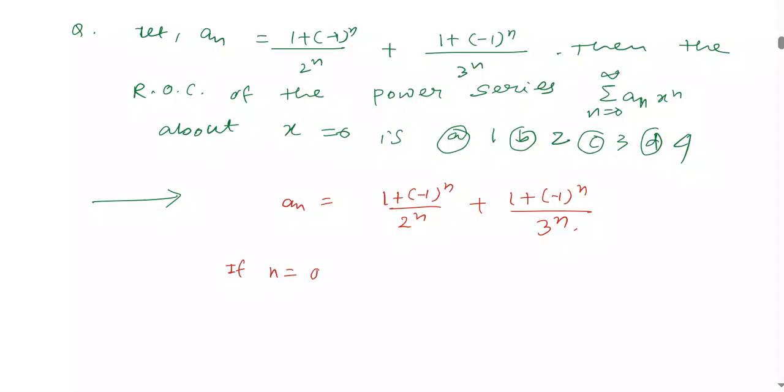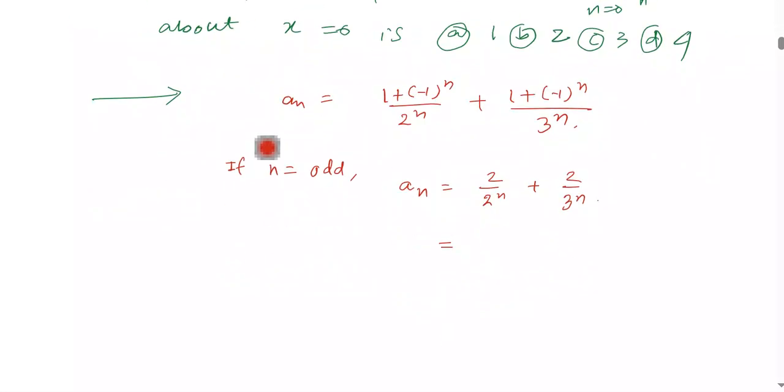If n is even, what is the case? an equal to 2 by 2 power n plus 2 by 3 power n, that is, 2 into 1 by 2 power n plus 1 by 3 power n.